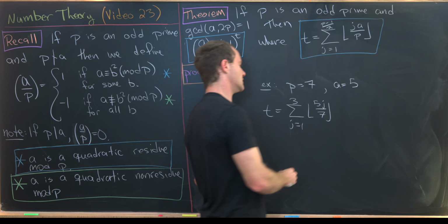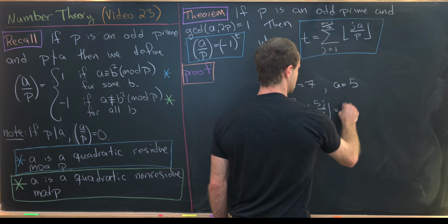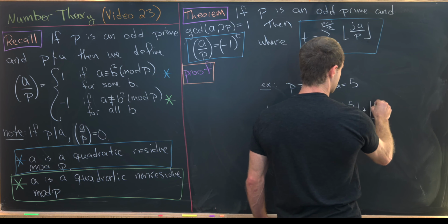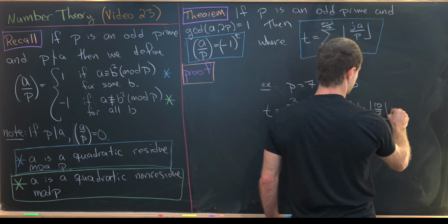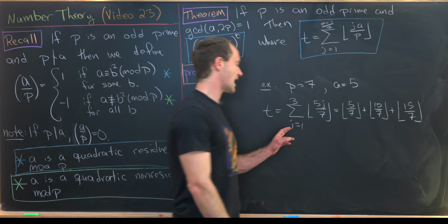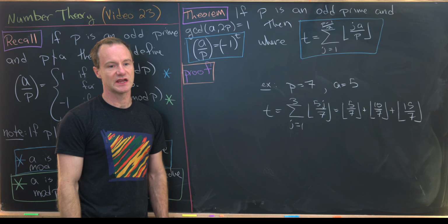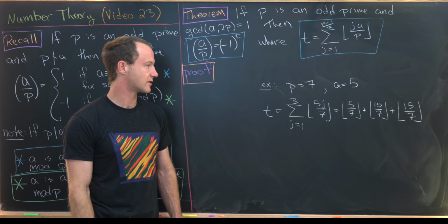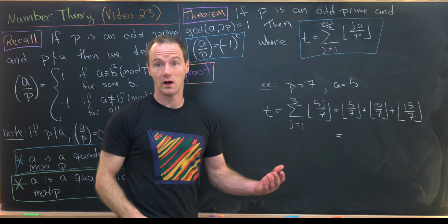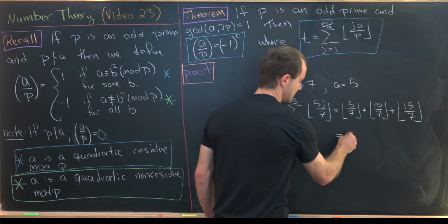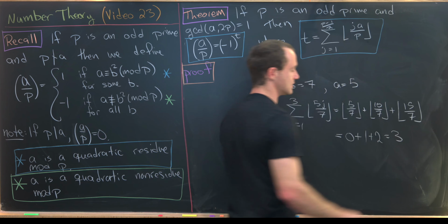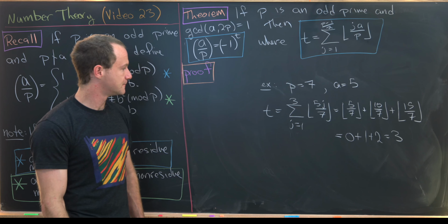Notice that's going to be equal to the floor of 5/7 plus the floor of 10/7 plus the floor of 15/7, just as we move through the values of j equals 1, 2, and 3. But notice that 5/7 is not 1, so the floor is 0. And then here the floor is 1, here the floor is 2, so in the end we get 3.